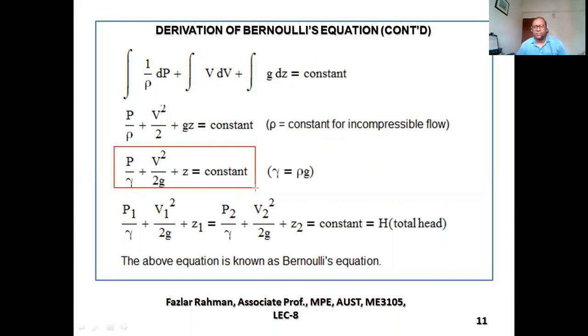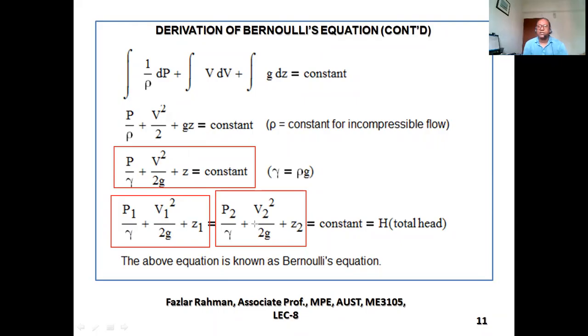What does that mean? That means if you apply it between 2 points of a fluid system, for point 1 this expression equals, for point 2, this expression. That means the summation of these three is always constant.